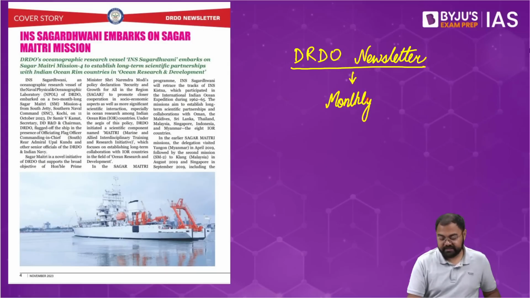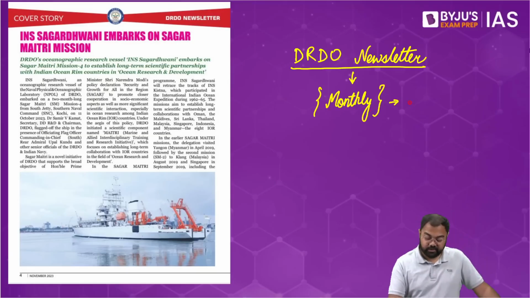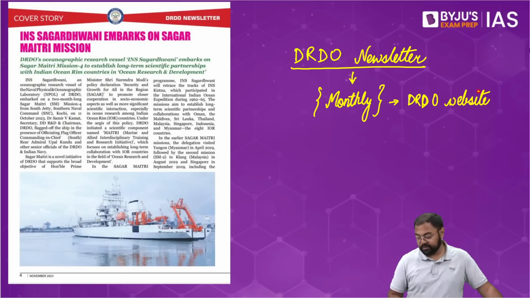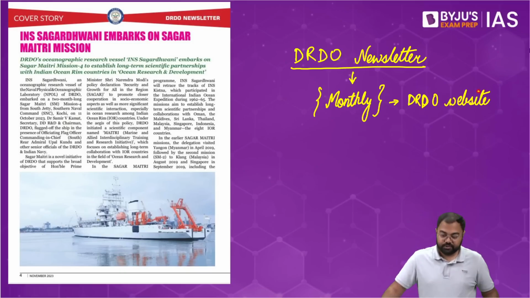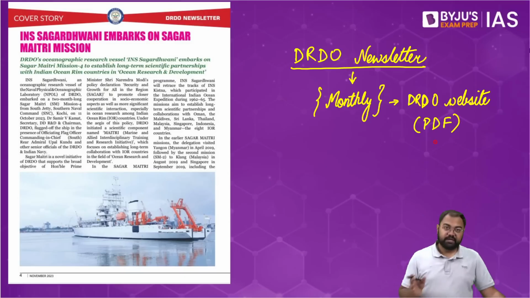It is published monthly, and it is available on the DRDO website, so you can access it from there. The PDFs are available and downloadable every month.